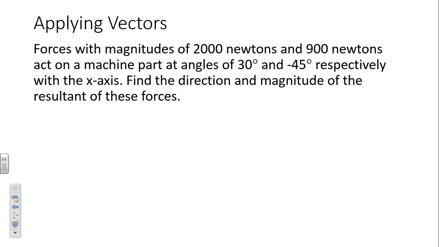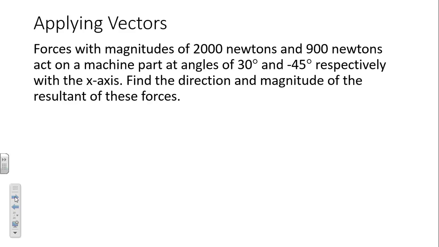So here's how we apply vectors. This is what you've been doing in physics class. We're told that we have 2 vectors, 2 forces. One with a magnitude of 2,000 newtons at 30 degrees, and another with a magnitude of 900 newtons at a negative 45 degrees with respect to the x-axis.